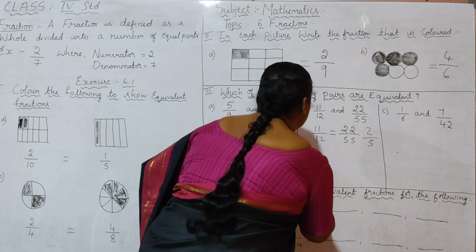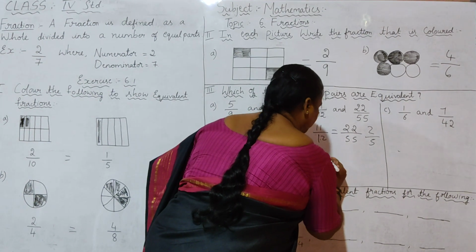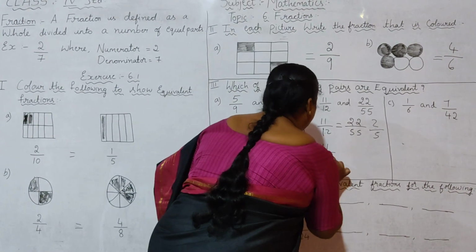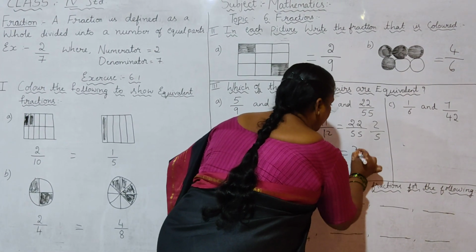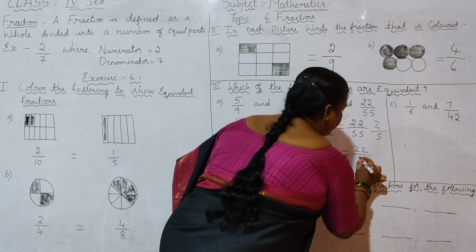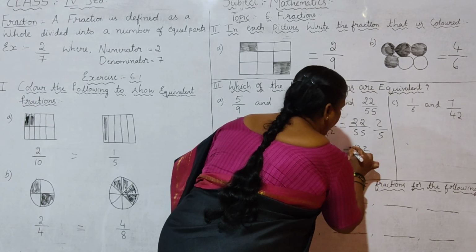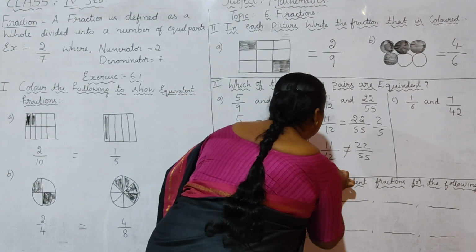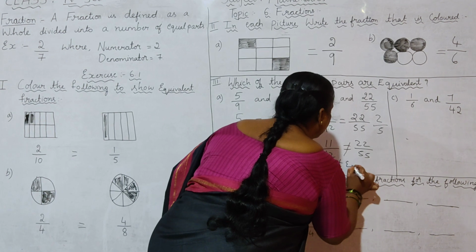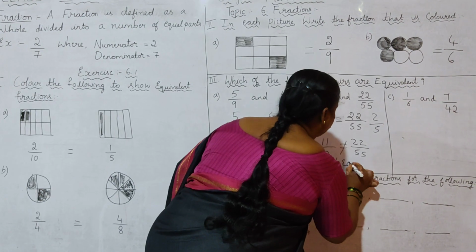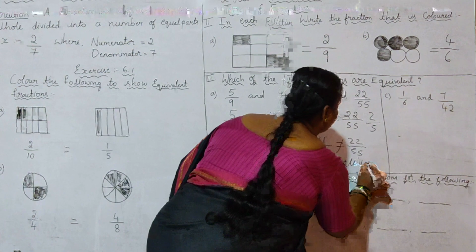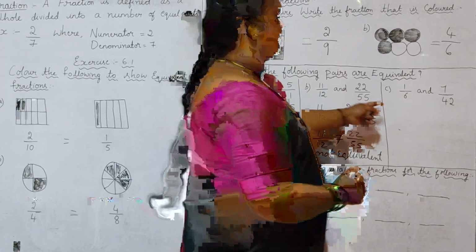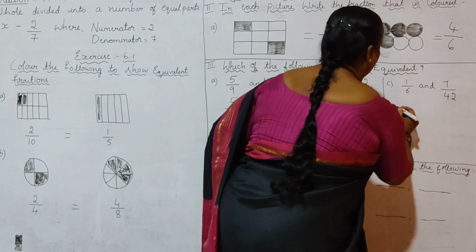So 11 by 12 and 22 by 55 are not equivalent fractions.